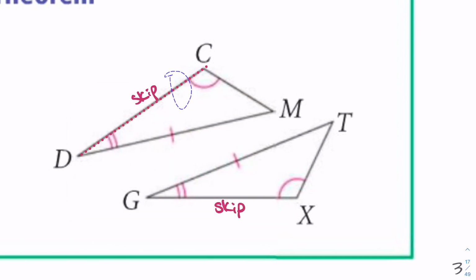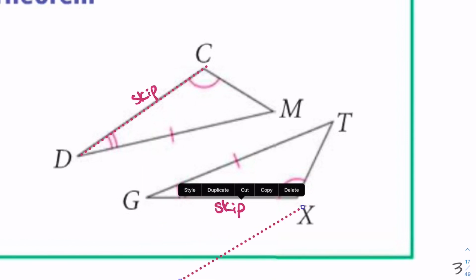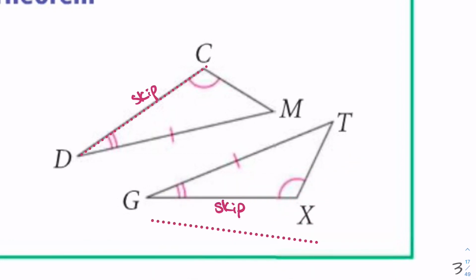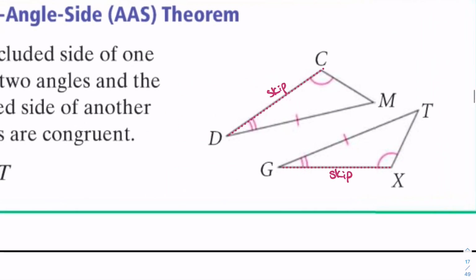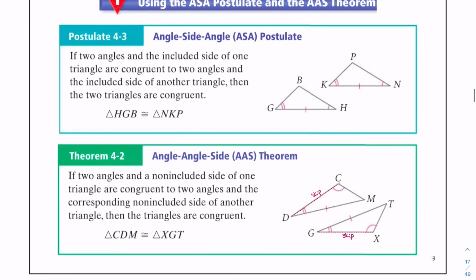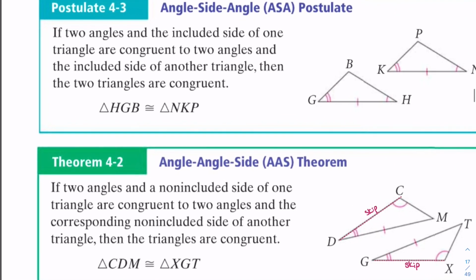So you're skipping that side. So it goes angle, side. And that's it. So if 2 angles and a non-included side of one of the triangles is congruent to 2 angles and the corresponding non-included side of another triangle, then the triangles are congruent.